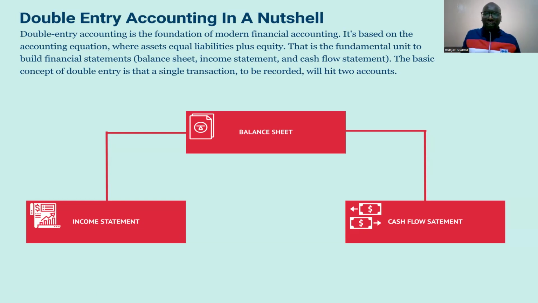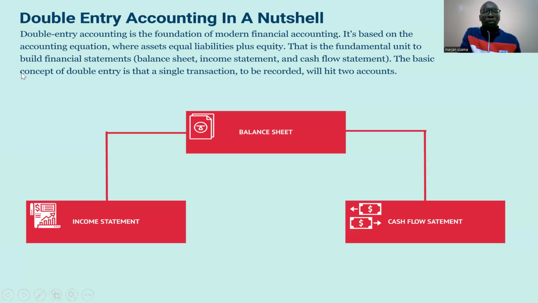So the double entry system is the foundation to building the balance sheet, the income statement, and the cash flow statement. If you don't have this background, you'll not be able to make the balance sheet, the income statement, and the cash flow. So the basic concept of double entry is that a single transaction to be recorded will hit two accounts. So for each and every transaction, two accounts will always be affected.